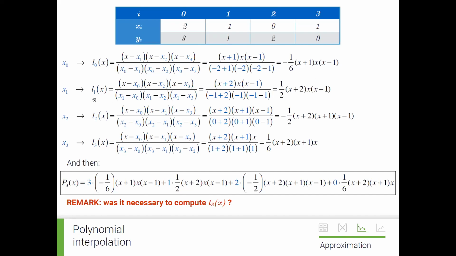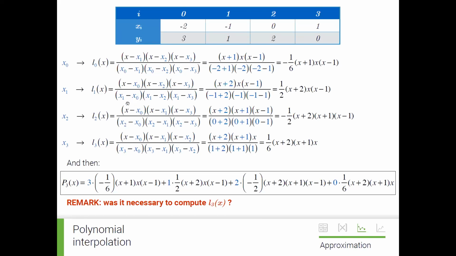So the next one, this is L1 of x, the corresponding fundamental Lagrange polynomial to the x1. And we obtain in the numerator x minus x0, x2, and x3. There are without x1 now. Here without x0. And when we find according to x1, here without x1 now.